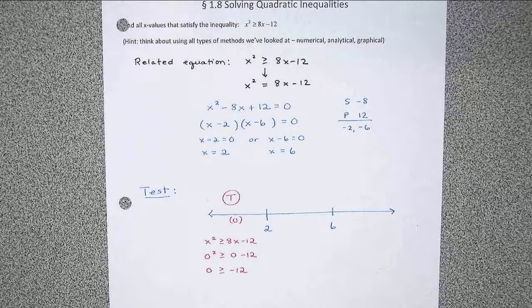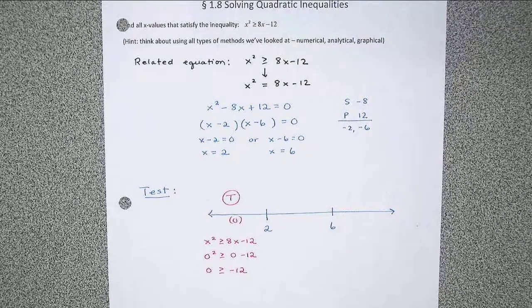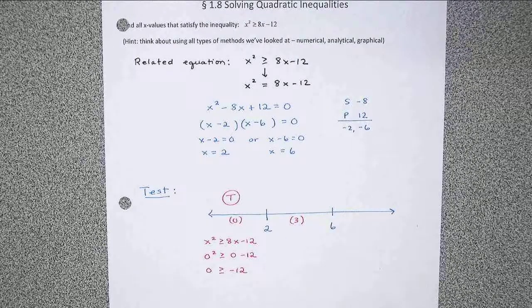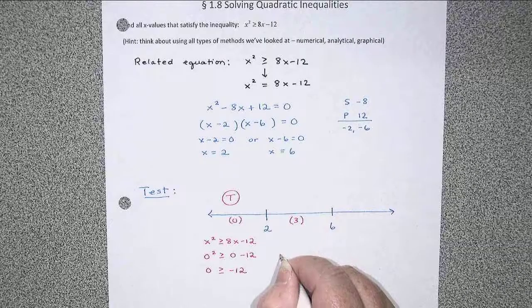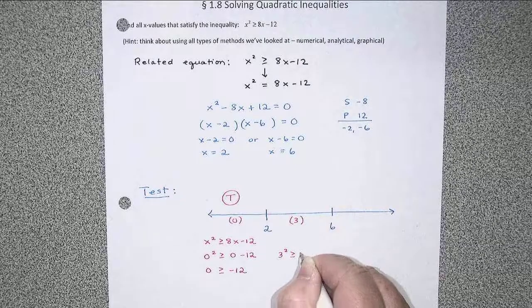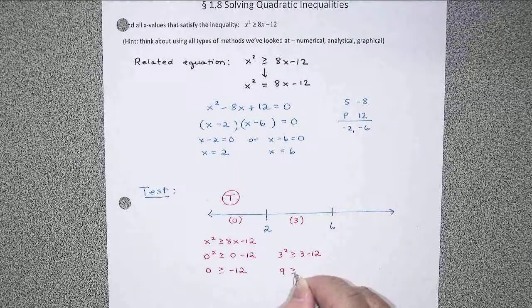Let's try another one. I only need to pick one point within the interval because things only change at the intersection points. So let's pick 3 this time. And once again, I'm going to check to see whether my inequality is true. So I'm going to plug in the 3. Is 3 squared greater than or equal to 3 minus 12?